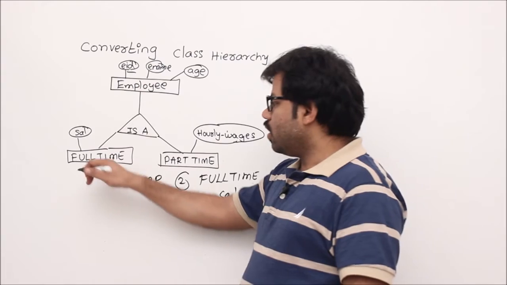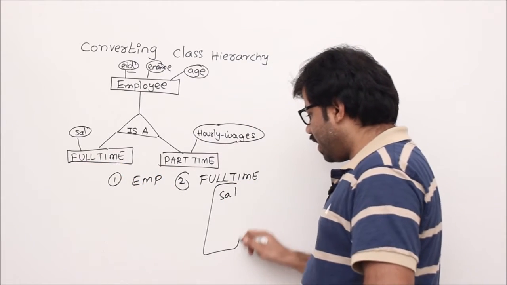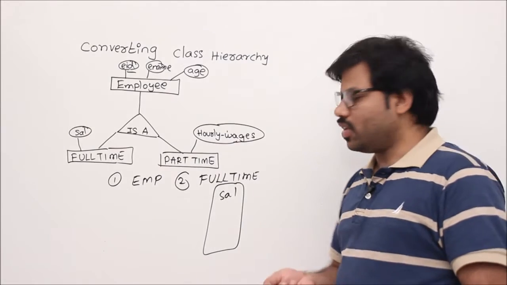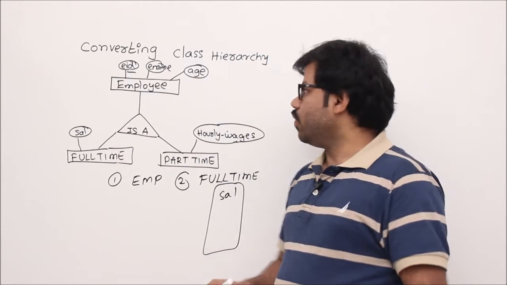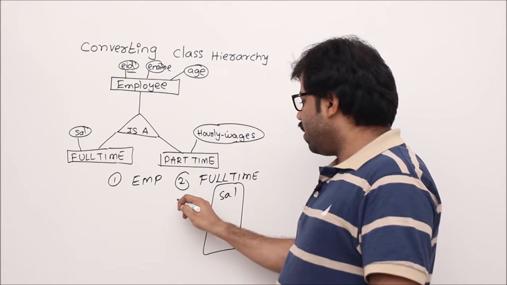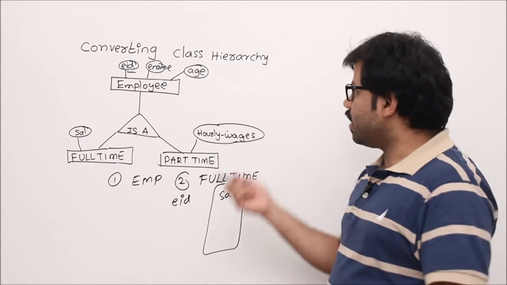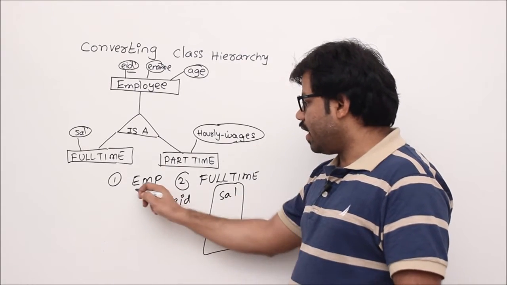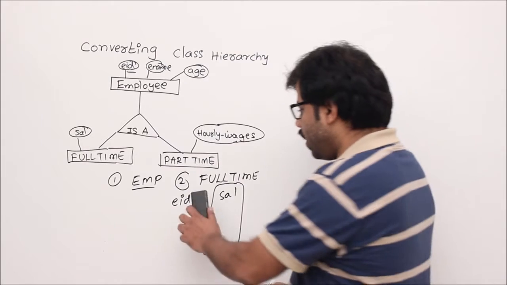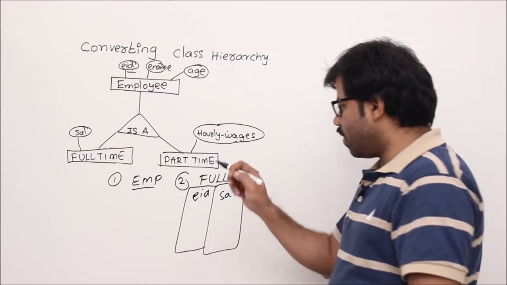We need at least employee ID, otherwise just salary is not sufficient. Along with salary, we could take employee ID, employee name, age, but employee name and age are unnecessary because we are already creating the employee table. So only employee ID is a good idea. That is one table.